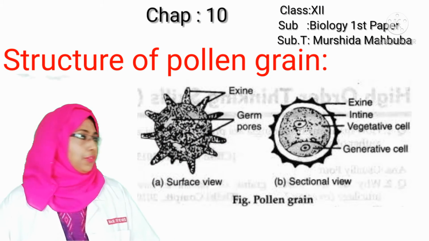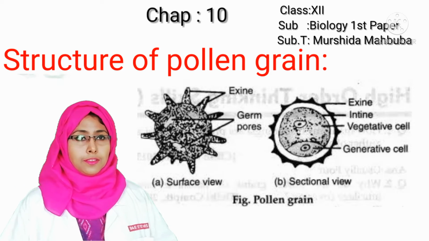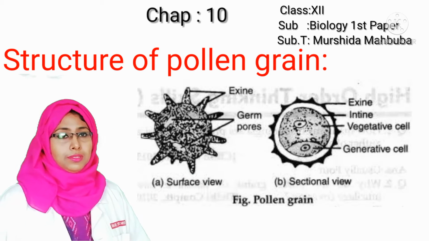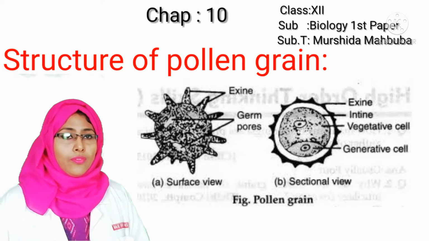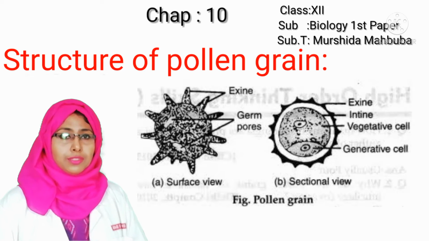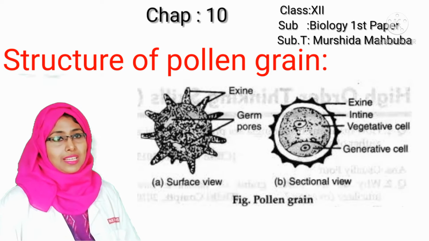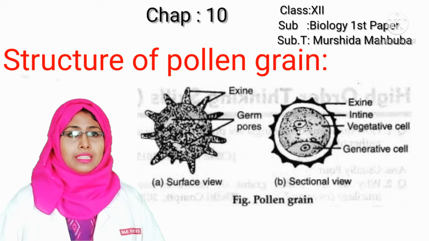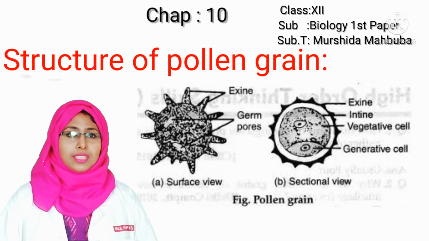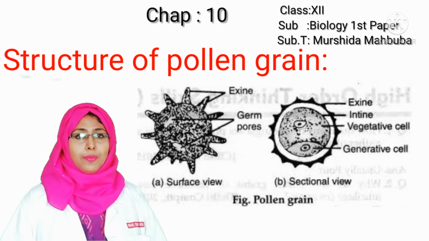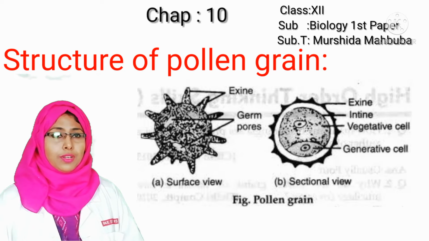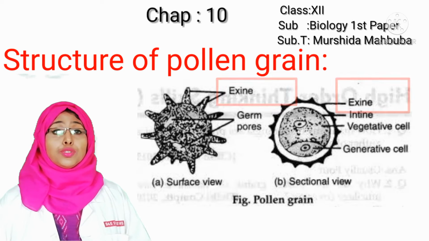Structure of pollen grain or microspores is your comprehensive type question for 2 marks. Pollen grain may be oval, rounded, or triangular in shape. Each pollen grain is a unicellular structure with a haploid nucleus. Each pollen grain is covered with 2 layers.